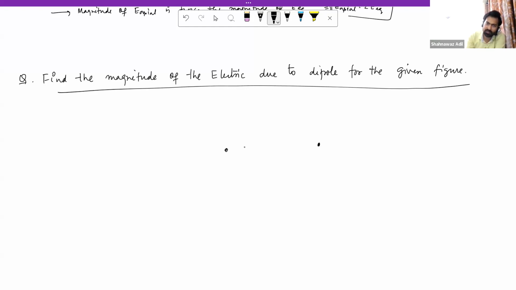The figure has these two charges: minus 2 microcoulomb and plus 2 microcoulomb. The separation between them is, let's say, 6 millimeters.